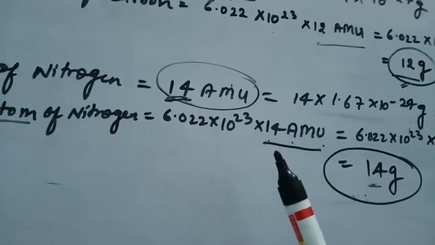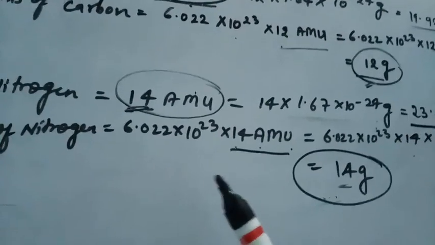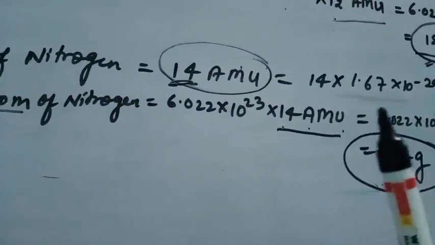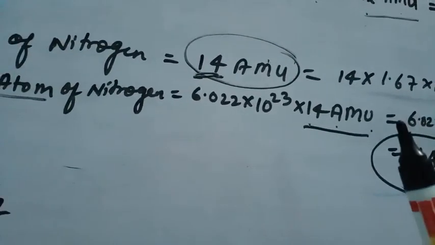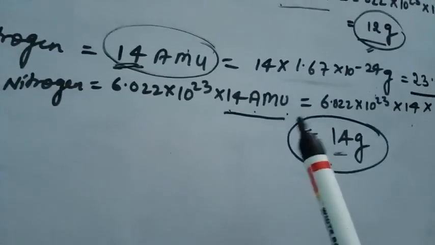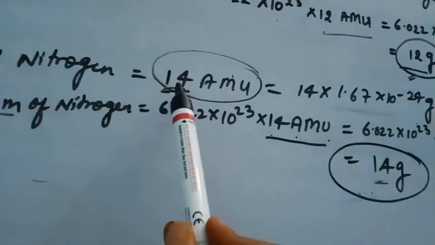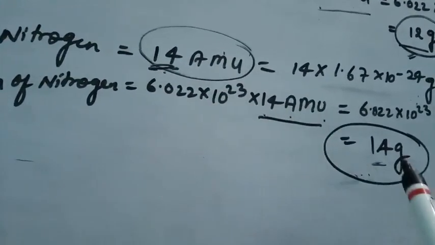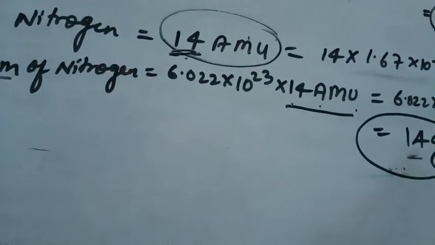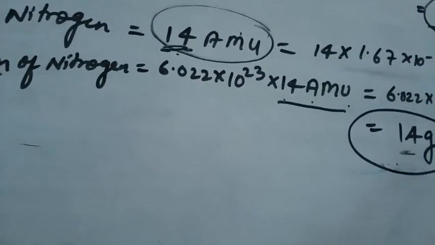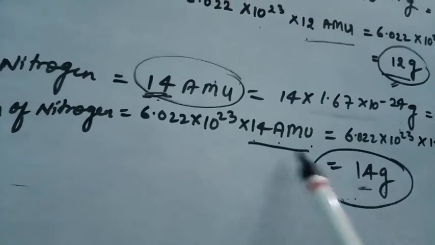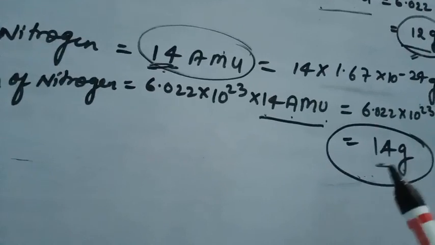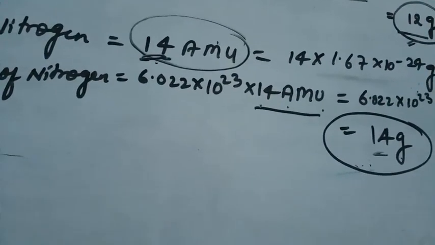Whenever you want 1 mole of any element, like 1 mole of nitrogen or 1 mole of oxygen or 1 mole of hydrogen, you can just take the numerical value of the atomic mass of that element and change the unit to gram. Then you will get the mass of 1 mole of any element or any compound.